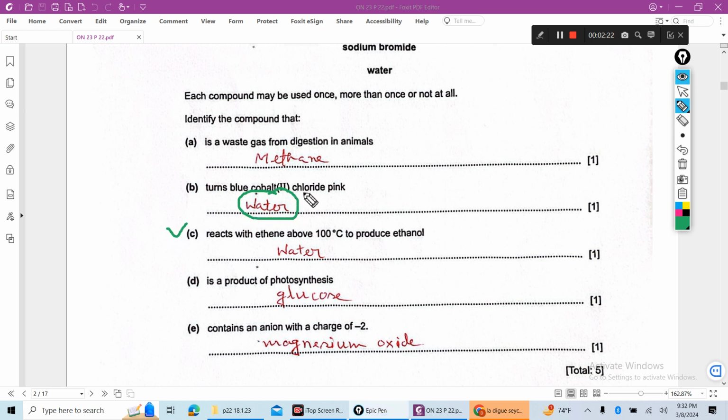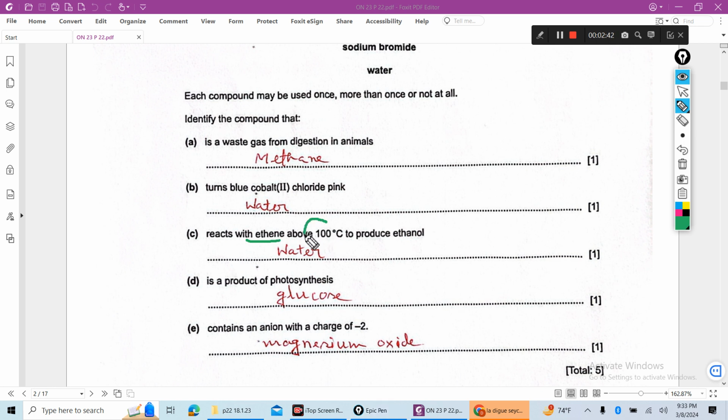C, reacts with ethene above 100 degrees centigrade to produce ethanol. The answer will be water. Ethene reacts with steam to produce ethanol.